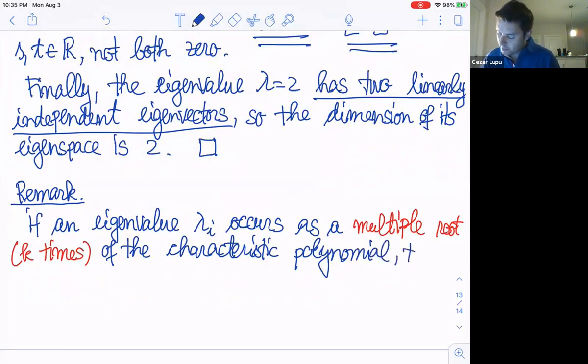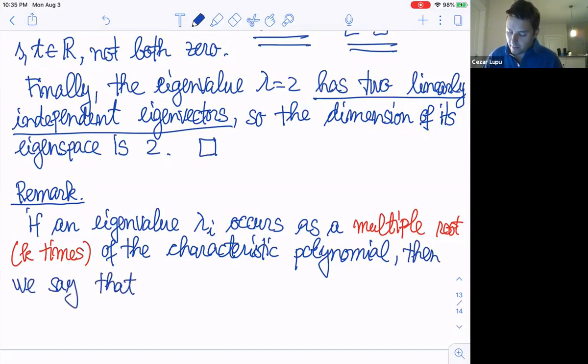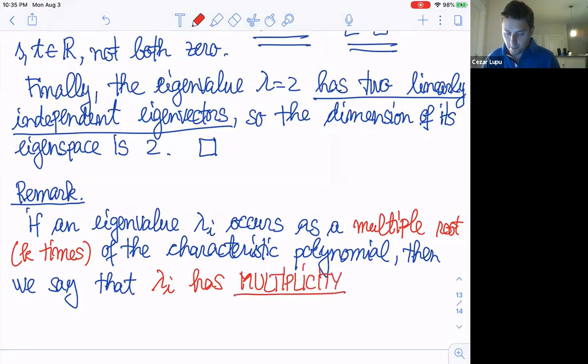Then we say that this eigenvalue lambda I has multiplicity k. That's what we say. This guy has multiplicity k.